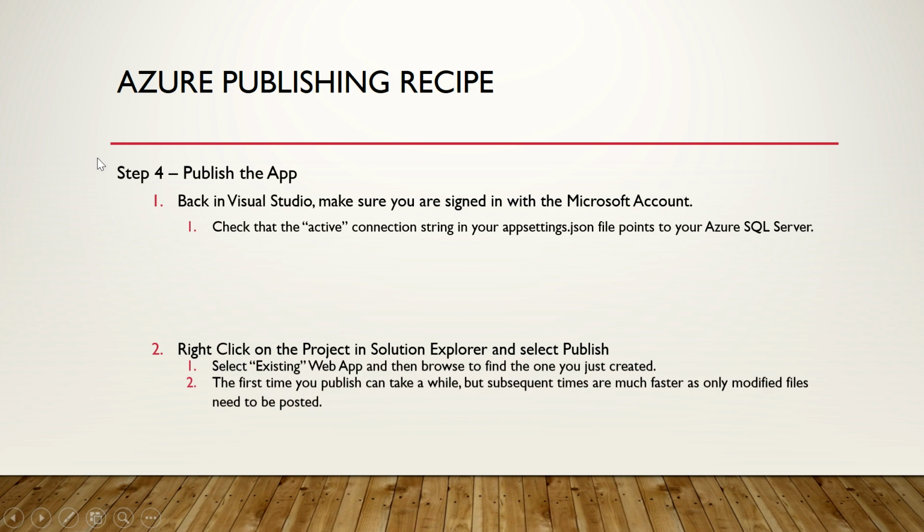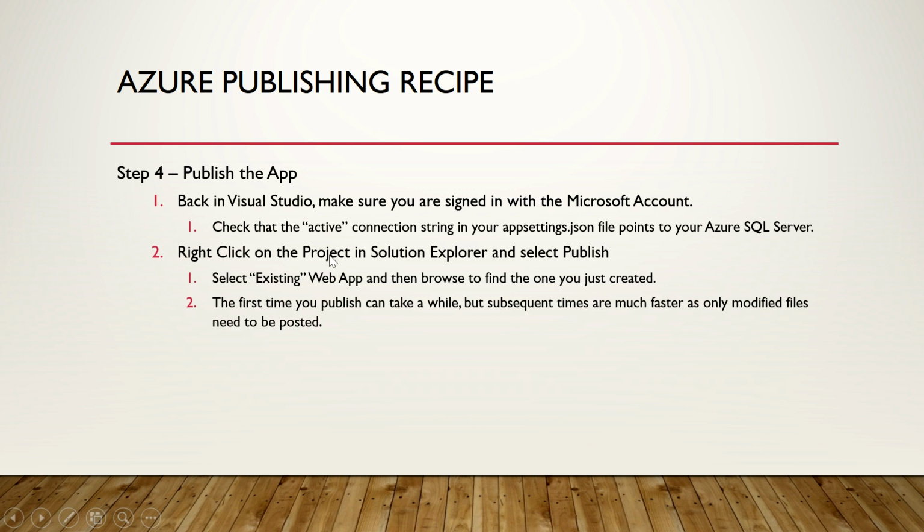That's what that point is about. Then right click on the project and select publish, but choose an existing web app as opposed to creating a new one, because we made an empty web app in Azure. Publishing from Visual Studio is pretty reliable, but since we're using the portal anyway, it's guaranteed to work this way.